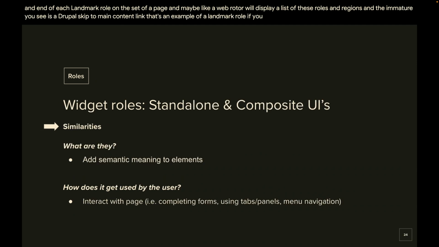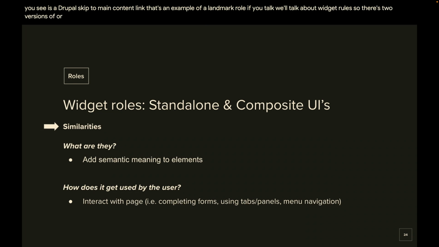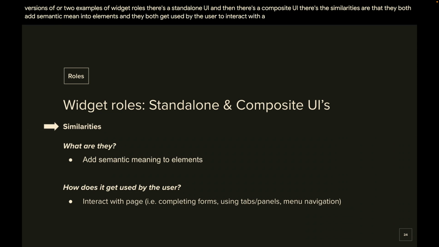We'll talk about widget roles. So there's two versions or two examples of widget roles. There's a standalone UI, and then there's a composite UI. The similarities are that they both add semantic meaning to elements, and they both get used by the user to interact with a page.